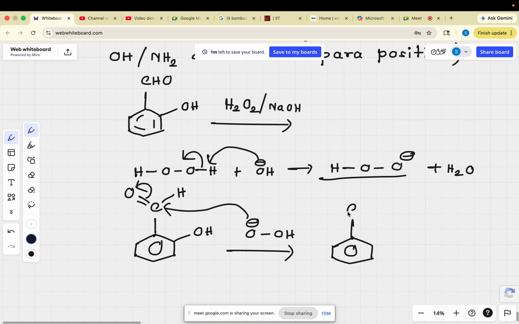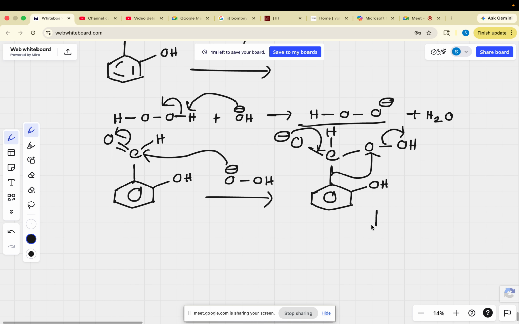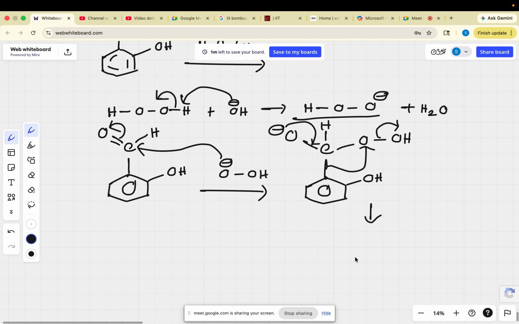So once the bond breaks, you are getting O minus here, hydrogen is here, you have your oxygen, OH, here also you have OH. Now O minus will come back, and this whole phenyl ring will migrate to this oxygen center, and OH will leave from here.